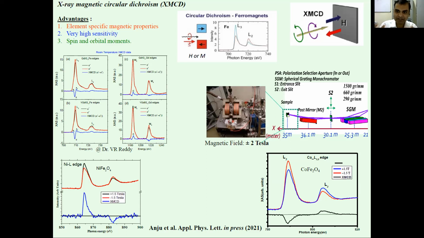So if I record my X-ray absorption spectra in different polarized states of the incident photon and then take the difference, that difference spectrum will give us information about the net magnetization, because that net magnetization arises because of the difference between up spin and down spin numbers of electrons, or spin asymmetry. That kind of information can be probed using X-ray magnetic circular dichroism.